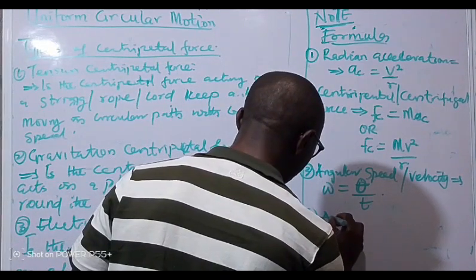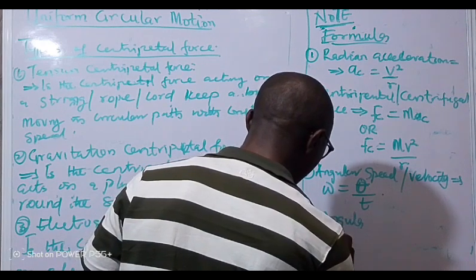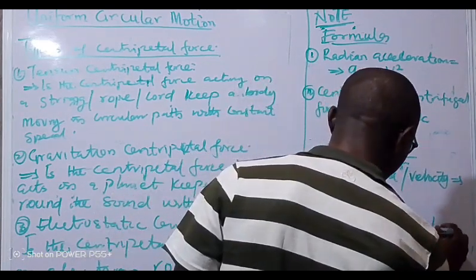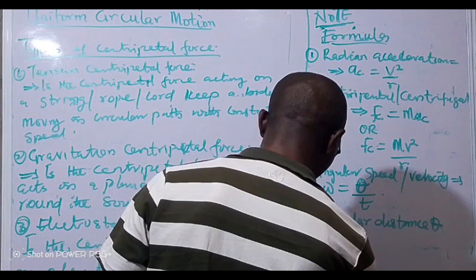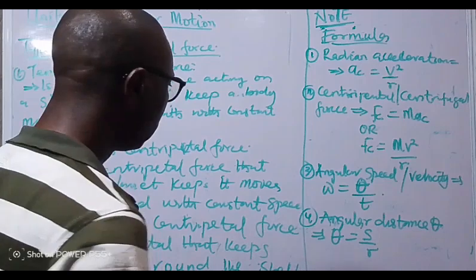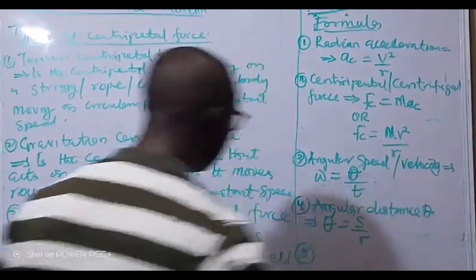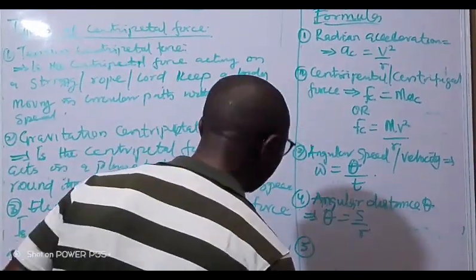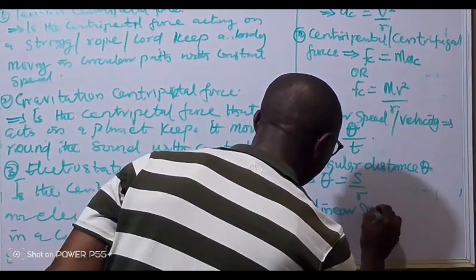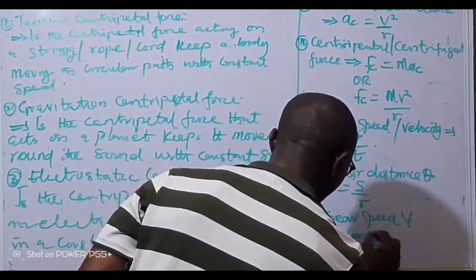We call it angular distance, theta. We have theta as S over R. And number 5, at the same time, we have our linear speed V as V is equal to omega R.